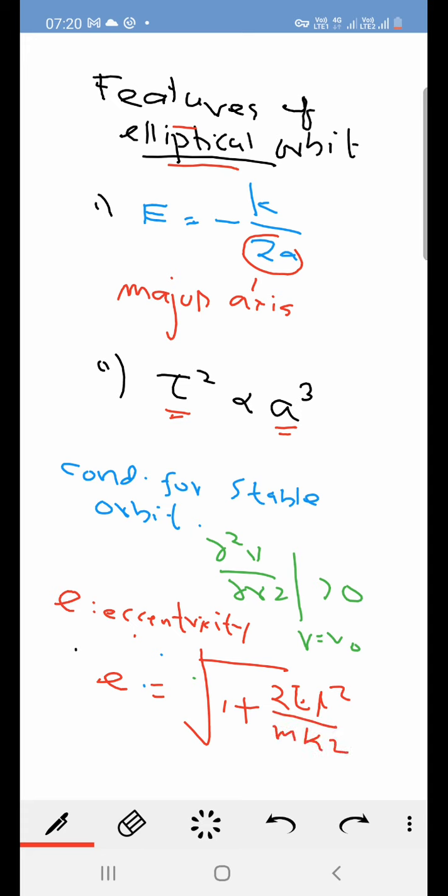This is the value of eccentricity. Now, if the eccentricity value is greater than 1, and also the energy associated with the particle is more than 0, then the path of the particle will be a hyperbola.